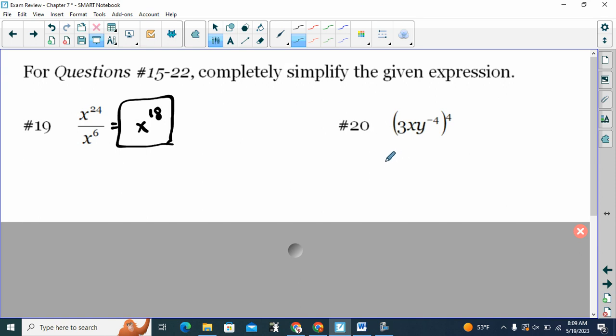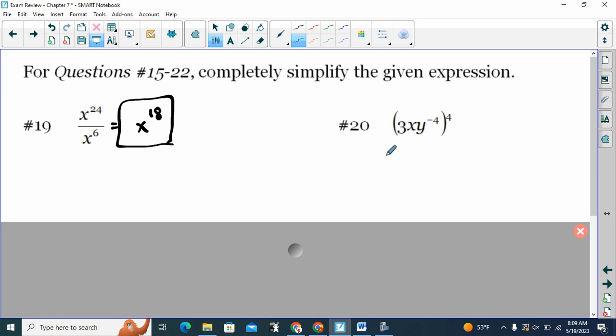Number 20, I have 3 times x times y to the negative fourth, all to the fourth. As long as I'm only multiplying or dividing in here, I can distribute this exponent. So we are going to raise each factor to the 4th power.